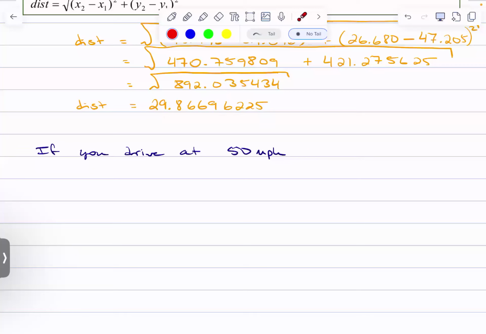But let's just take it a step further. If you drive at 50 miles per hour, how long will you have radio for? Maybe you slow down in the radio zone.